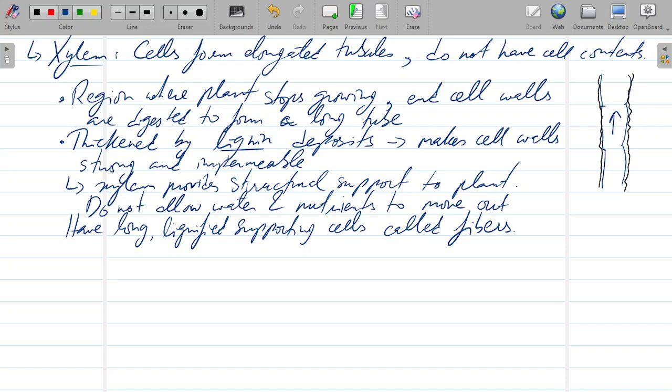Okay. Then there's a region, there's a tissue between the vascular bundle and the epidermis called the cortex.